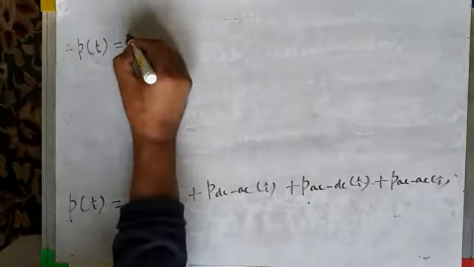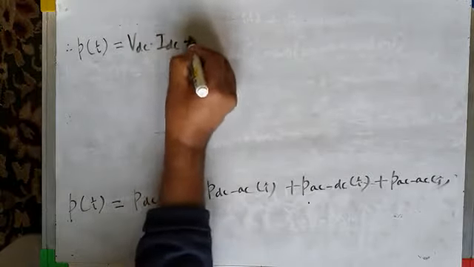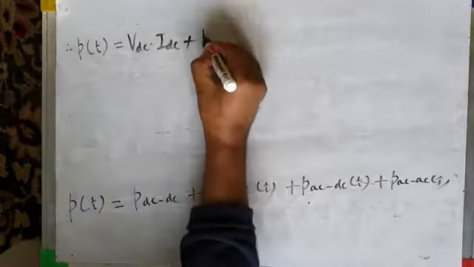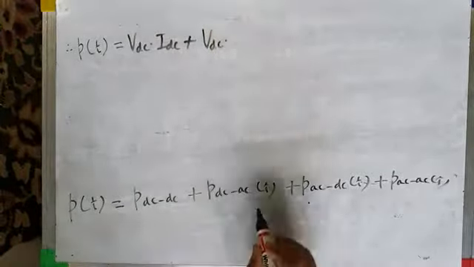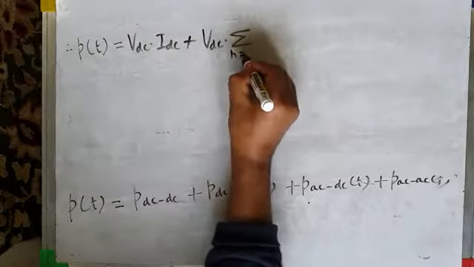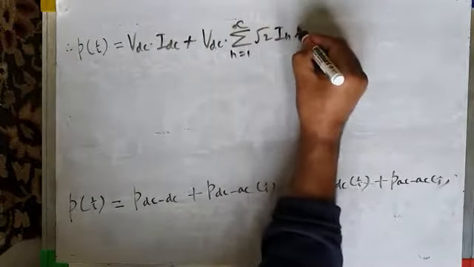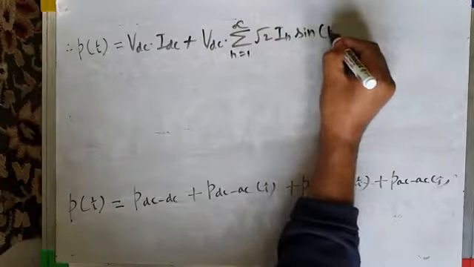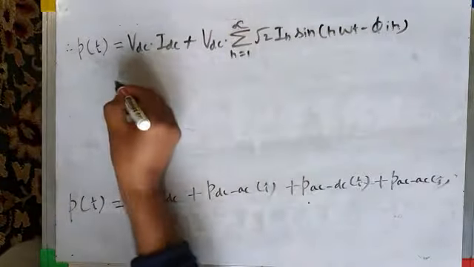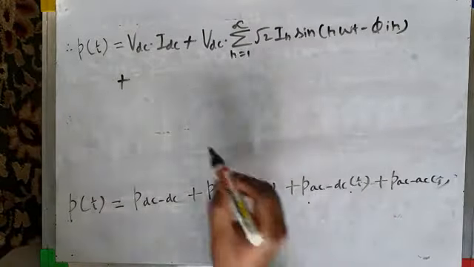If you remember, few moments back we wrote it as VDC into IDC plus PDC AC. That is, voltage is DC, but current is AC, multiplied by summation h equal to 1 to infinity root 2 IH sine of h omega t minus phi IH, plus what is the third term, which is P AC DC. That is, voltage is AC but current is DC.